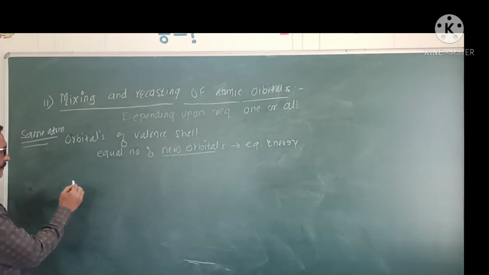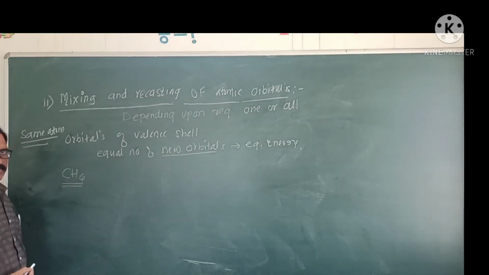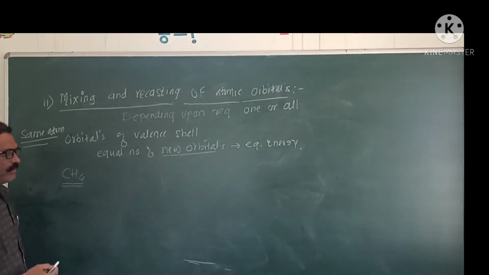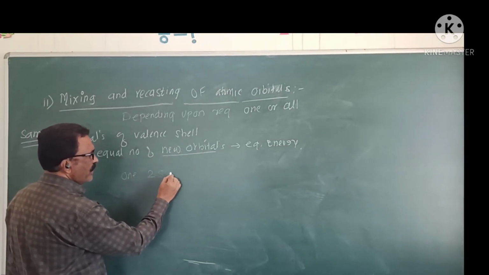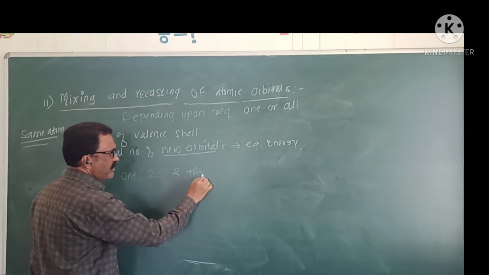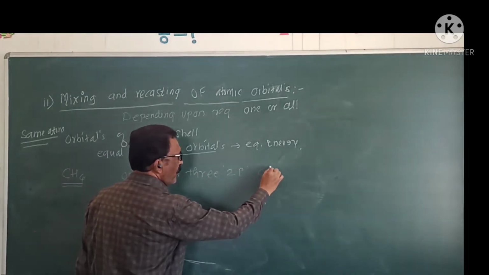For example, during the formation of a methane molecule, CH4, the 2s and 2p orbitals are involved.